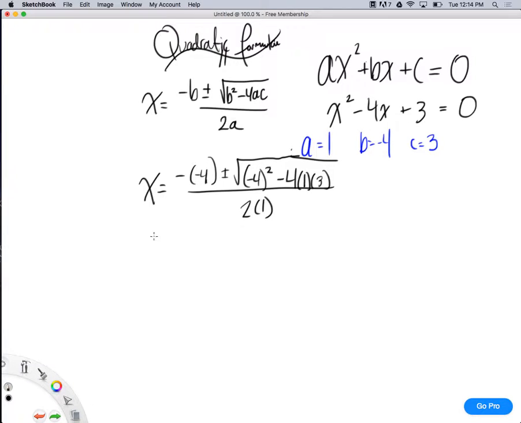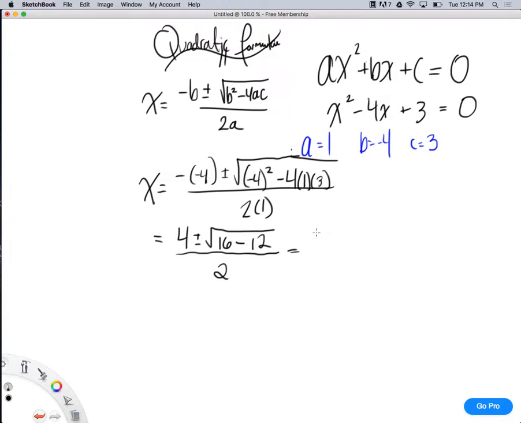Negative negative 4 is positive 4, plus or minus square root. Negative 4 squared is 16, minus 4 times 3 is 12. All over 2a, which is 2.